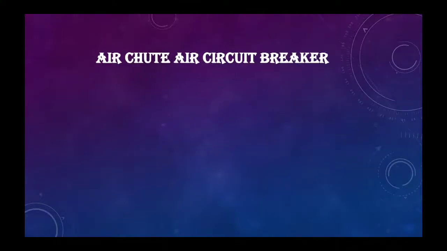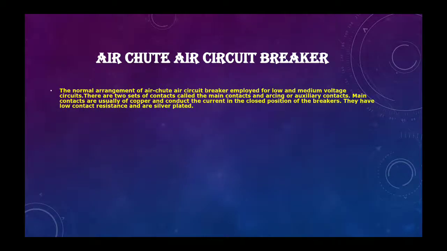Now the last type of air circuit breaker, that is the air chute air circuit breaker. The normal arrangement of the air chute air circuit breaker is employed for low and medium voltage circuits. There are two sets of contacts called the main contacts and the arcing or auxiliary contacts. Main contacts are usually of copper and conduct the current in the closed position of the breaker.